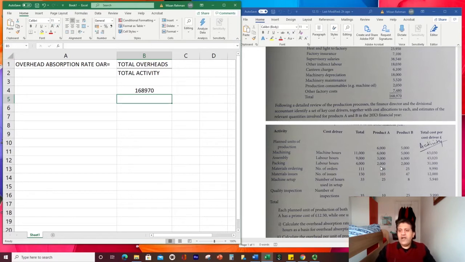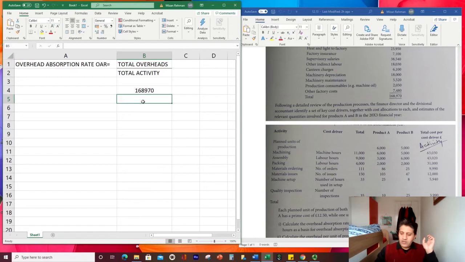And in that case, we will add up 9 and 4, 13,000 labor hours in total, and then 3 and 2, 5 for A and 8 for B. So that's one thing which is very subjective and students find confusing, but it's the reality of management accounting or accounting in general, that there are always things on which there is no clear rule. However, the question would always tell you clearly which way to go.